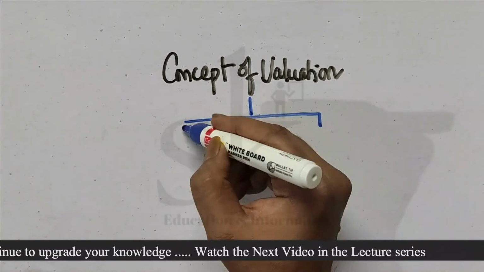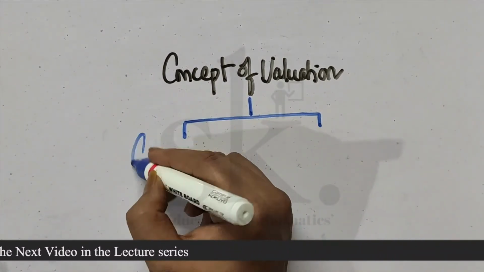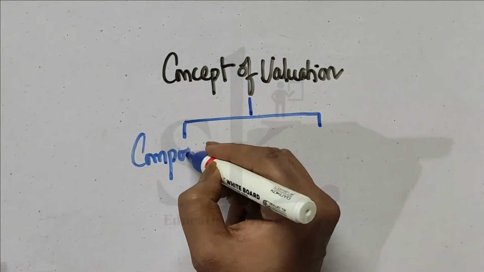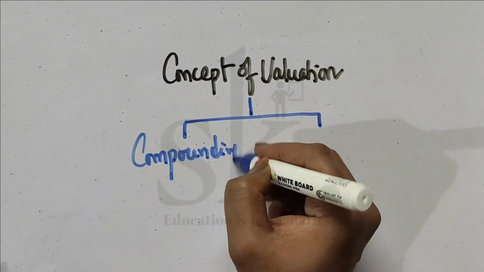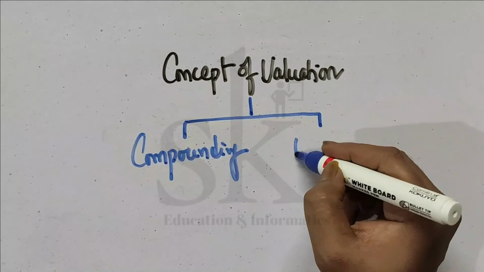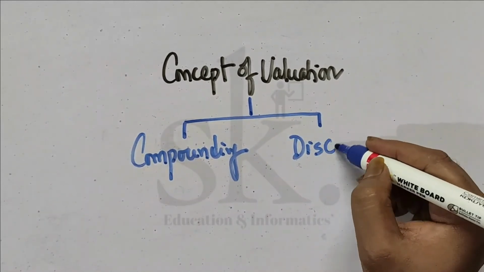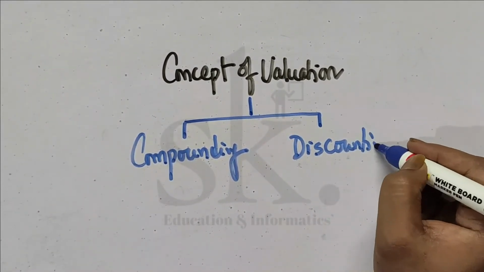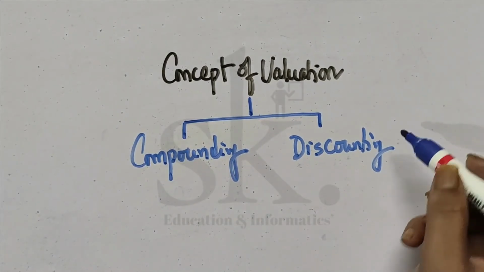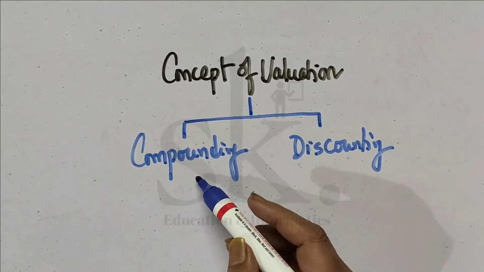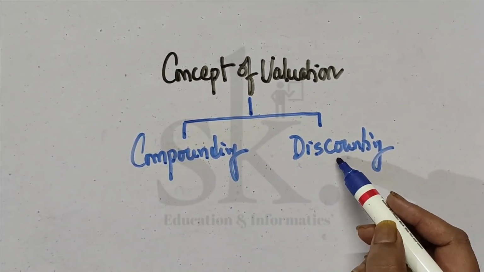And we classified those two techniques as, one is compounding, and another one is discounting. One is compounding value concept, another was discounting or present value concept.